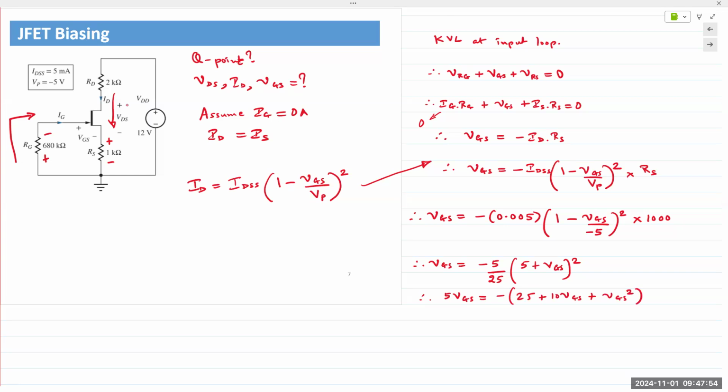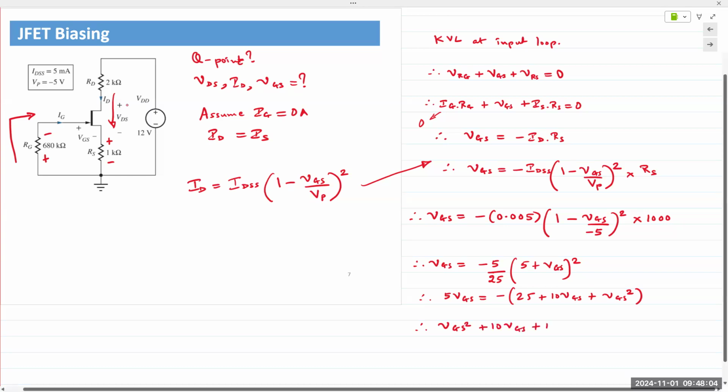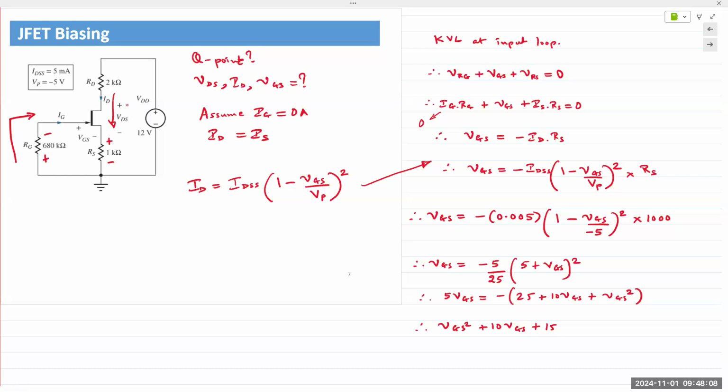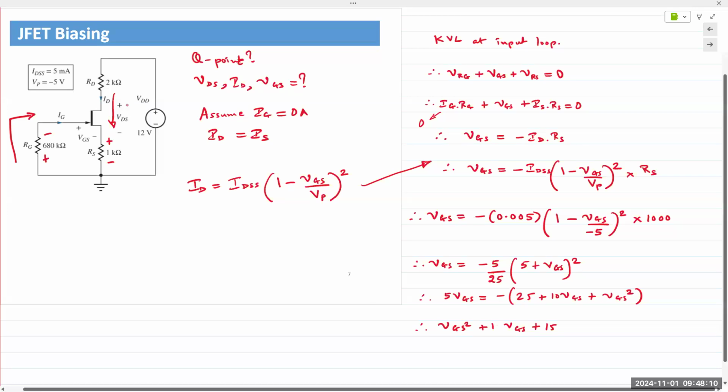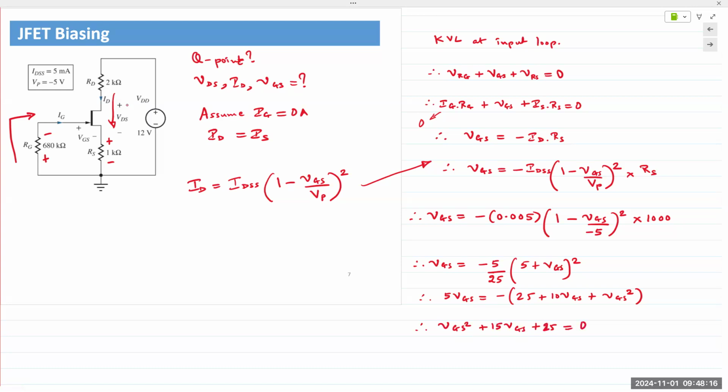Take everything on the other side, and we can write an expression that looks like this: VGS square plus 10 VGS plus 15. Sorry, not 15. This is 15 VGS plus 25 is equal to 0.